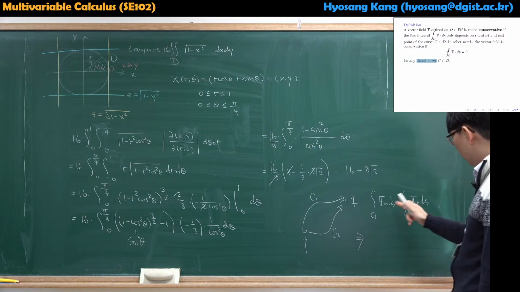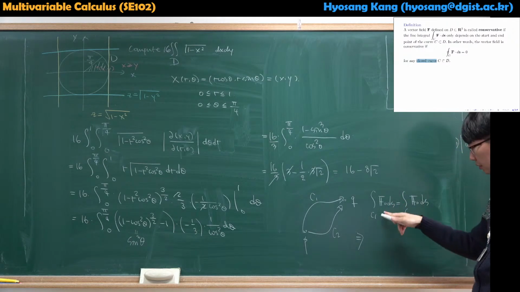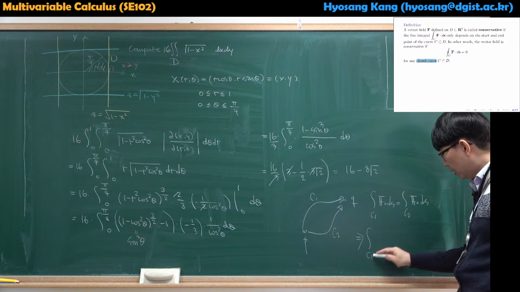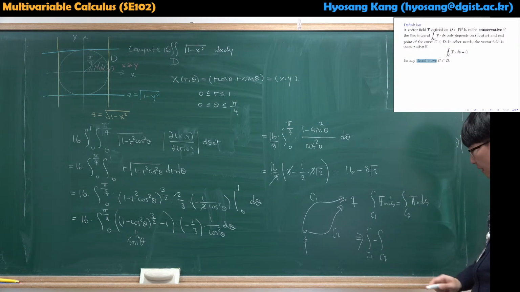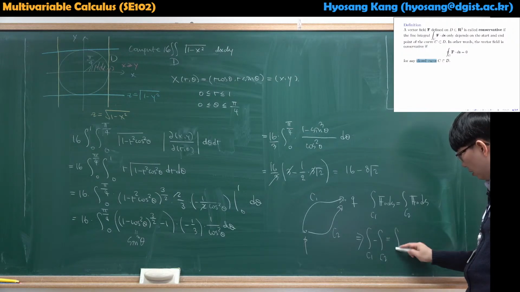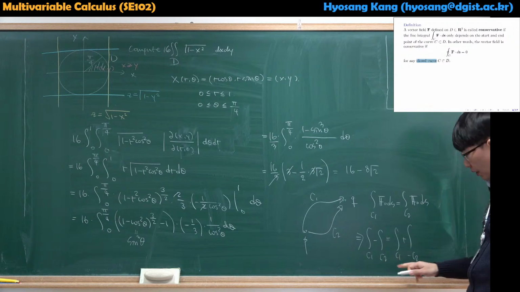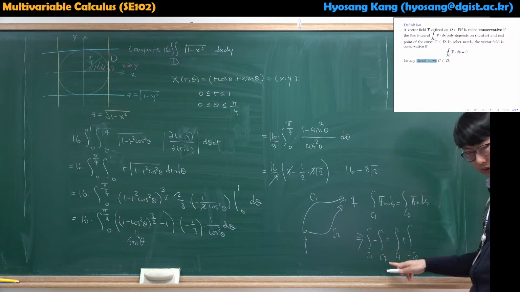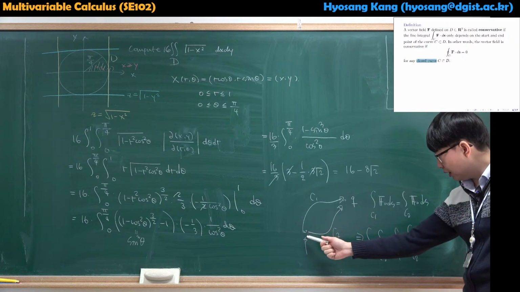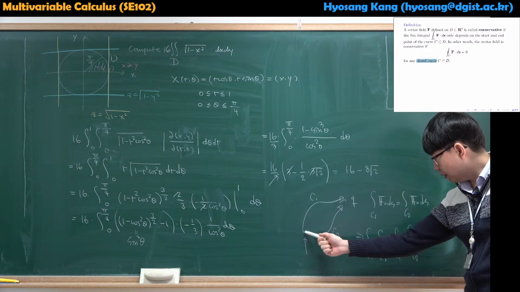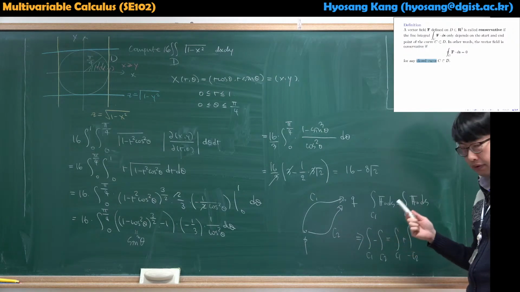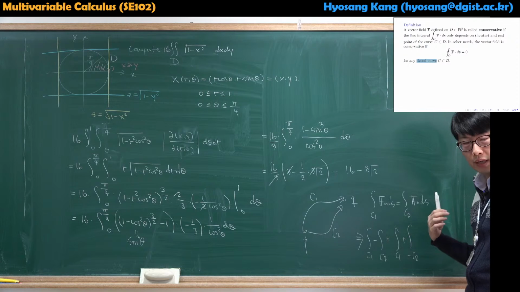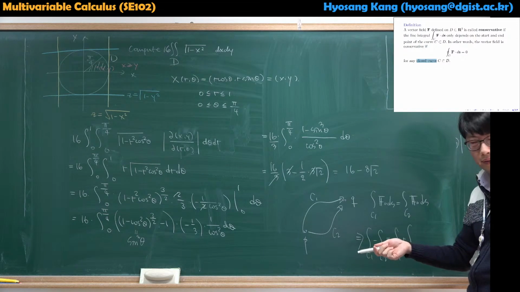then I can move the integral over C2 to the left-hand side and rewrite this as C1 minus C2, right? Minus the integral over C2 is minus the work done by moving a particle from P to Q along C2. But I said that the line integral over a vector field is negative if you take the inverse direction of the same path.